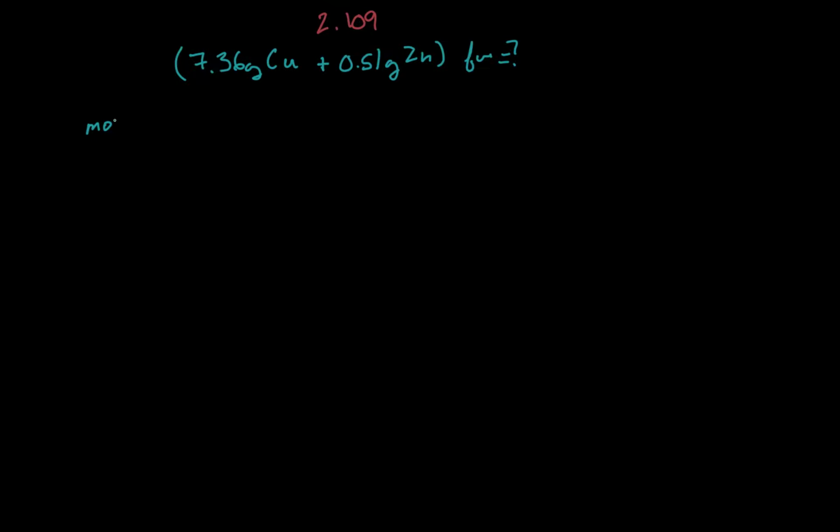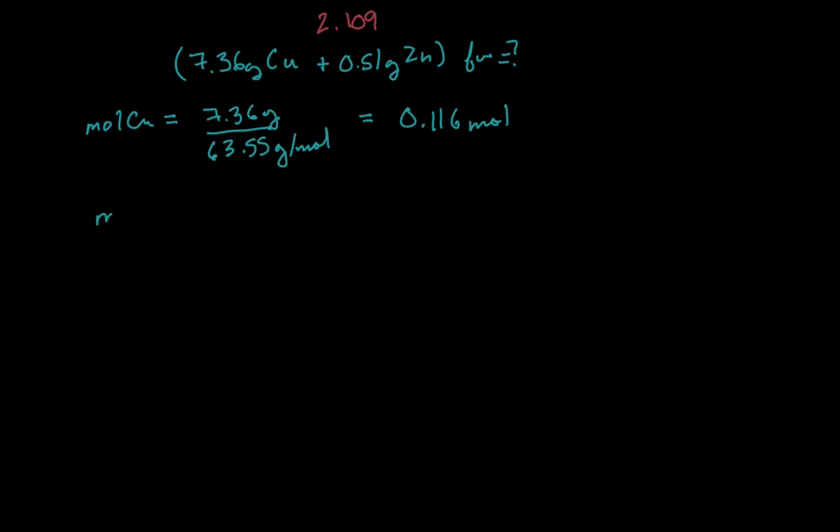This is the mass of the copper divided by the formula weight of copper, which is 63.55 grams per mole, and that gives us 0.116 moles.